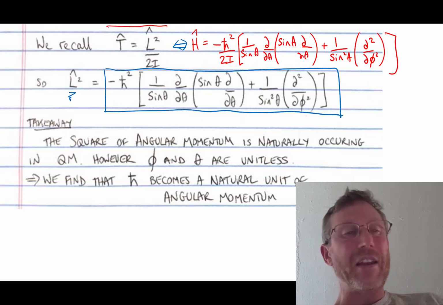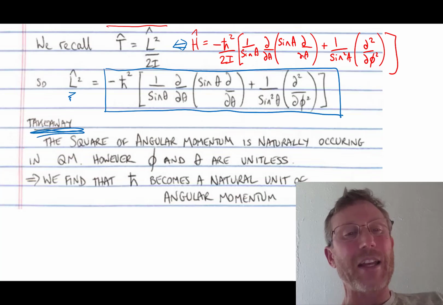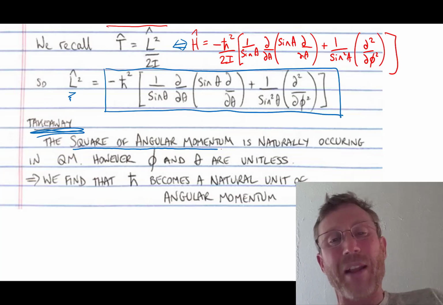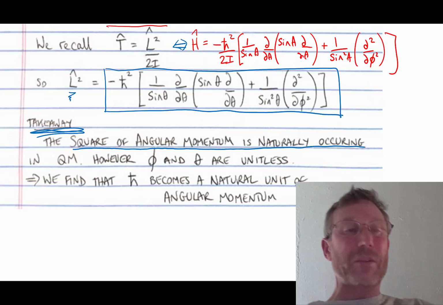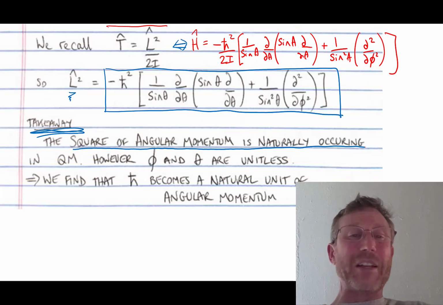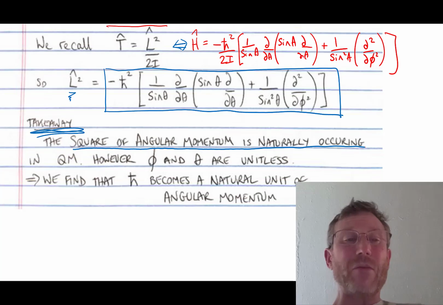And here's our takeaway. It turns out that the square of the angular momentum naturally occurs all the time in quantum mechanics. We're going to find that going forward. There's an angular momentum squared term that happens all the time. We found that came up even with Niels Bohr right back in week 1. There's just something special about angular momentum and quantization.